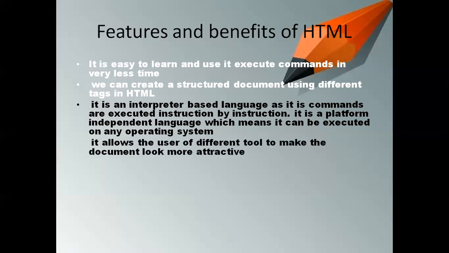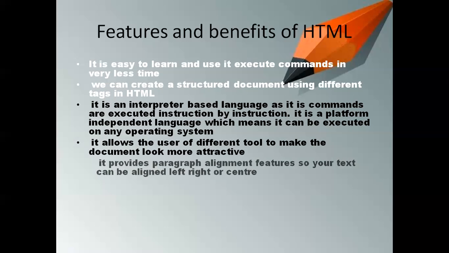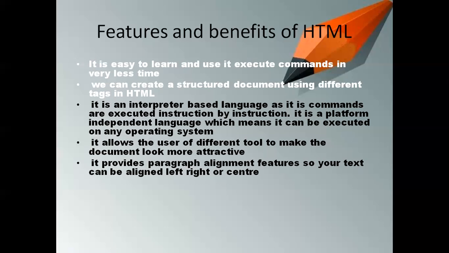Next, it allows the user to use different tools to make a document look more attractive. There are many tools to make our website more attractive, like pictures, images, audio, video, animation, and many things you can use. It provides paragraph alignment features, so your text can be aligned left, right, or center.